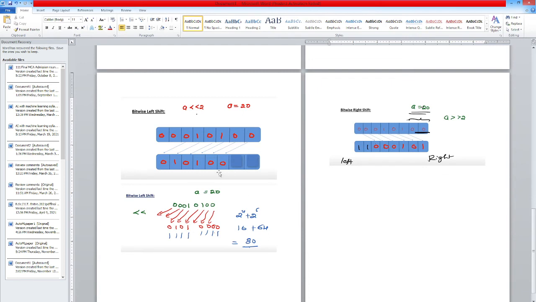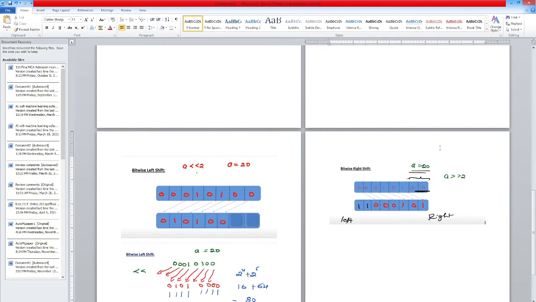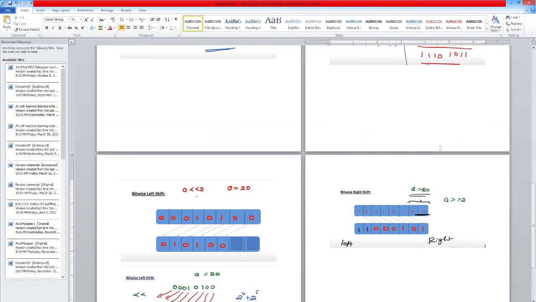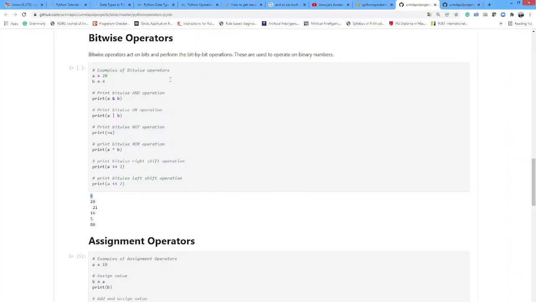Therefore, it gives the answer of 80. Like that, it will calculate bitwise and, or, not, XOR, right shift and left shift.